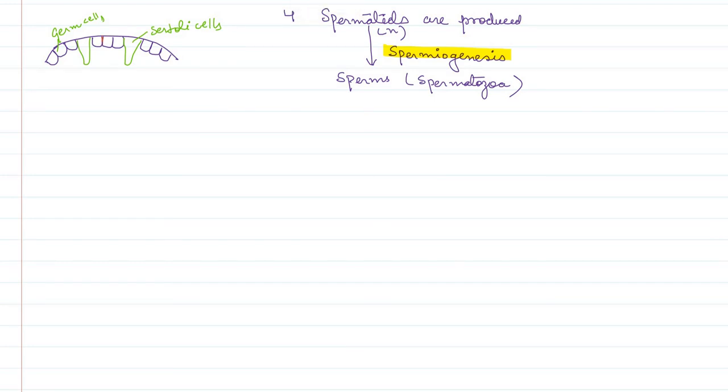Okay, now see this. These germ cells undergo mitosis division and produce spermatogonia. Suppose this one is spermatogonia.